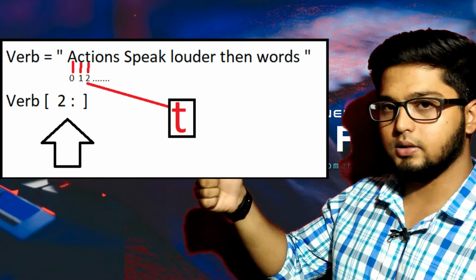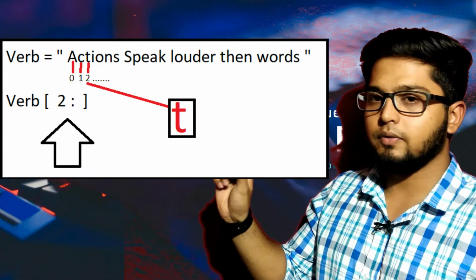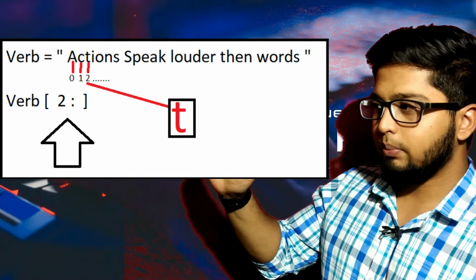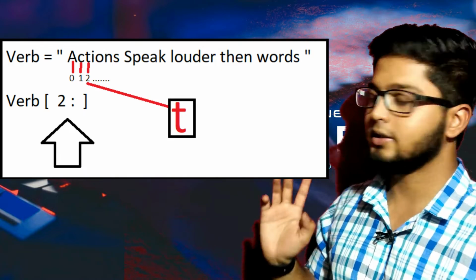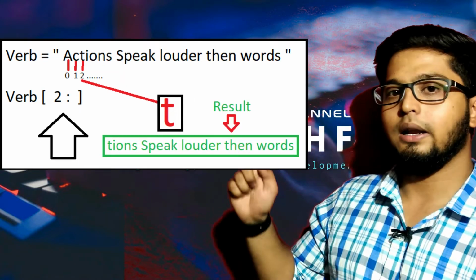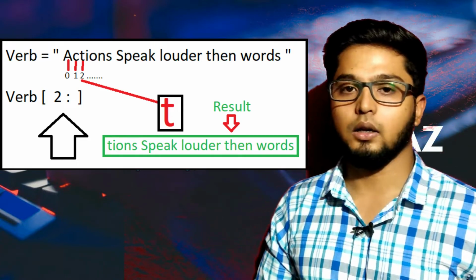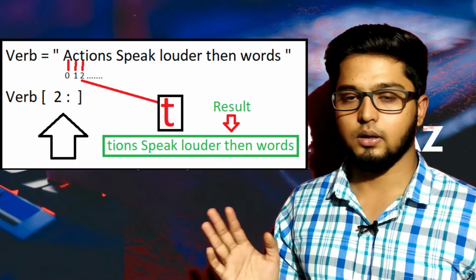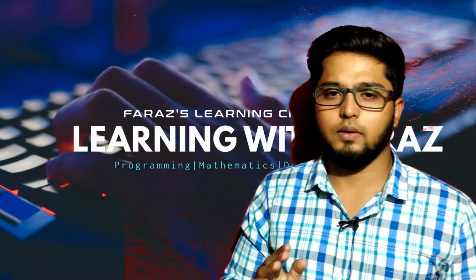A is 0, C is 1, T is 2. It will start the string from the second index and take all the letters after it. You will get this result: TIONS speaks louder than words. If you omit the last one, I hope you're understanding this. It's very simple. I'll give you an example in our implementation part.